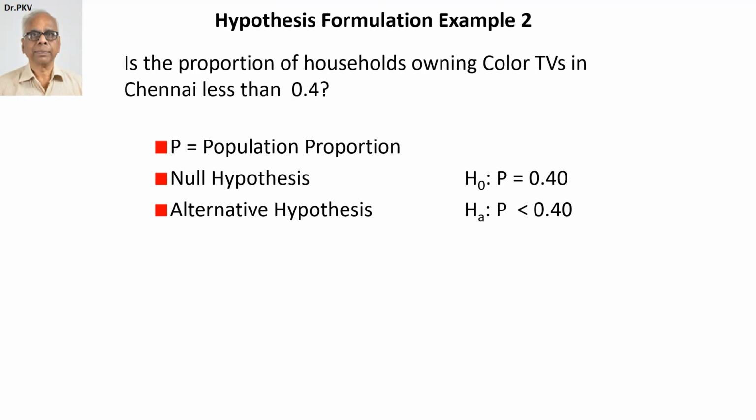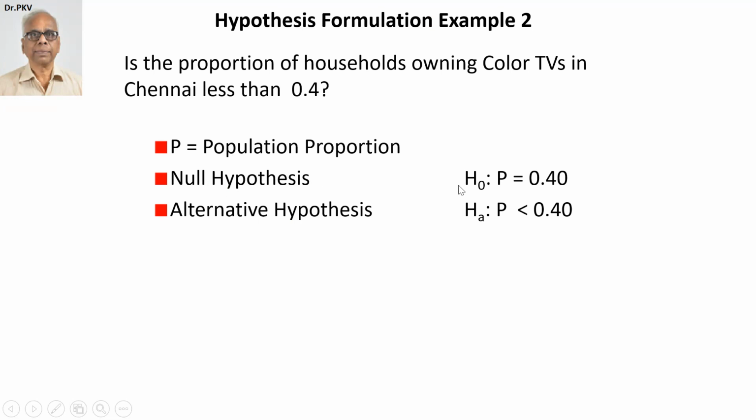Is the proportion of households owning color TVs in Chennai less than 0.4? In other words, we want to find out whether it is less than 40%, the proportion of households owning color TVs. As before, we represent capital P is equal to population proportion of households owning color TV.